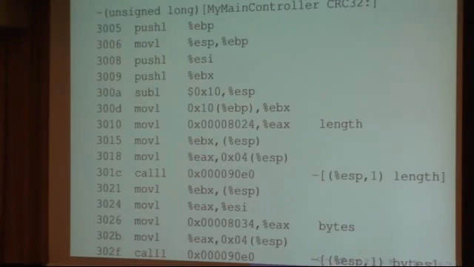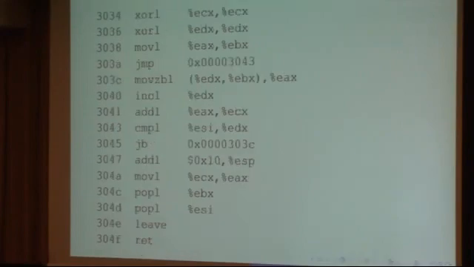Length is called on that object, and the return value you can see is put into ESI, and then bytes is called on that firmware image file, and that is put into EBX, and then ECX and EDX are cleared. So there's a very short little loop. You can see that EDX is used as a counter, and ECX is accumulating the values in the file.